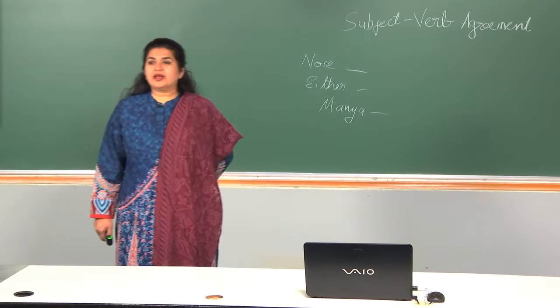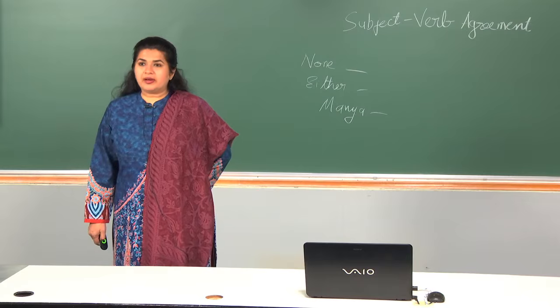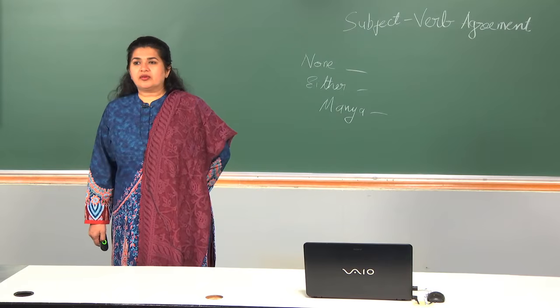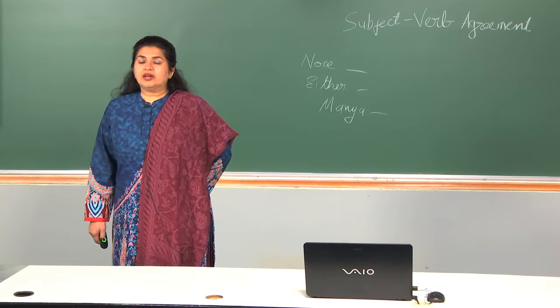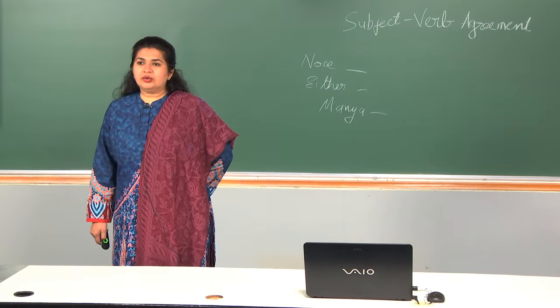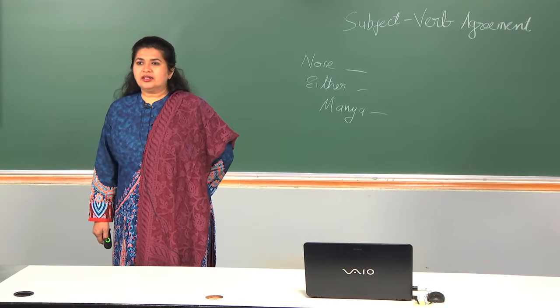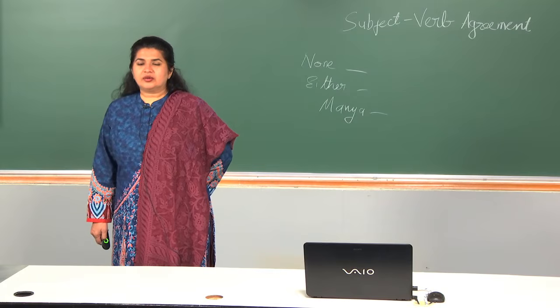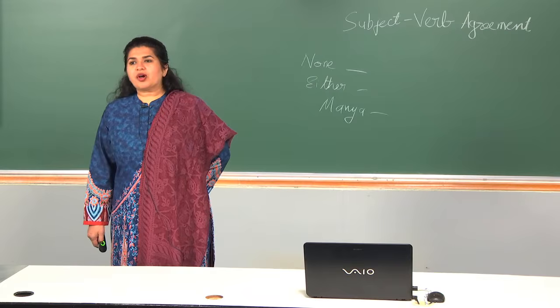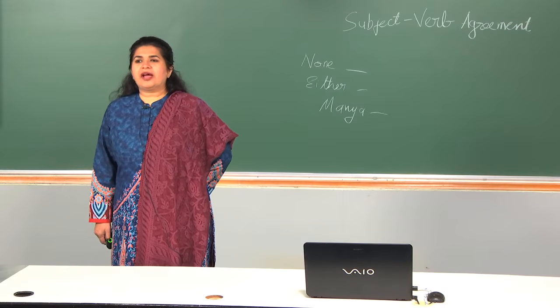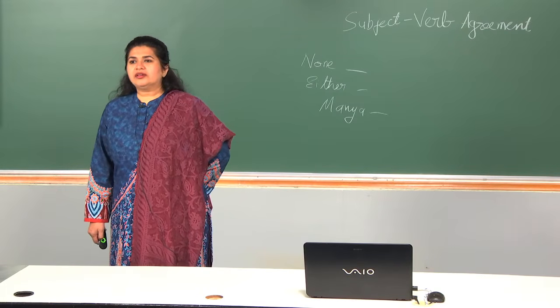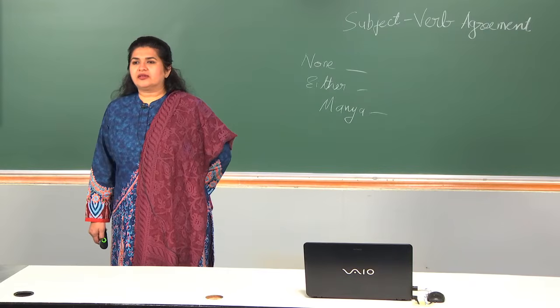The next rule is: when the subject of the sentence is complex, the verb that follows should agree with the main noun in the subject. We will be doing several sentences like that. Take down a sentence, for example: many prominent scientists in the field of applied mechanics were seen at the conference.